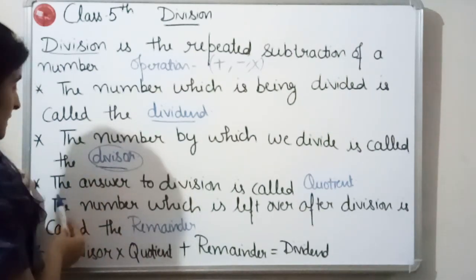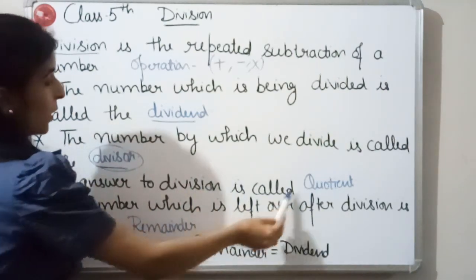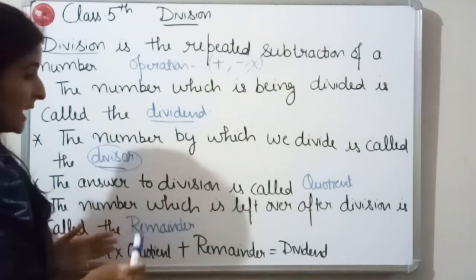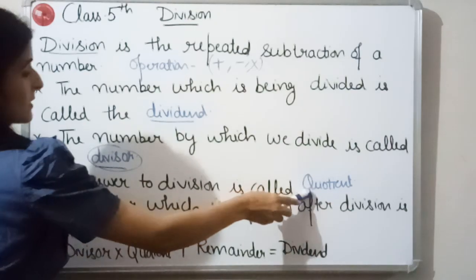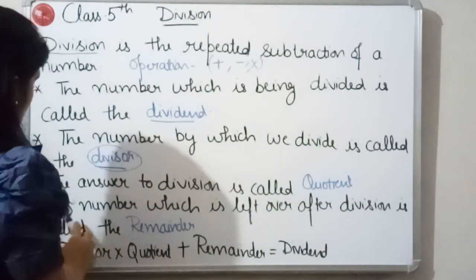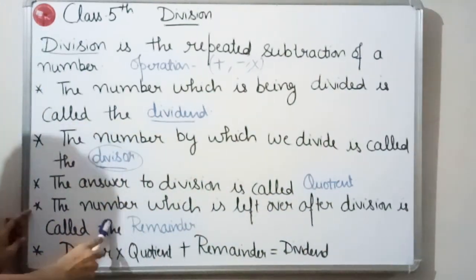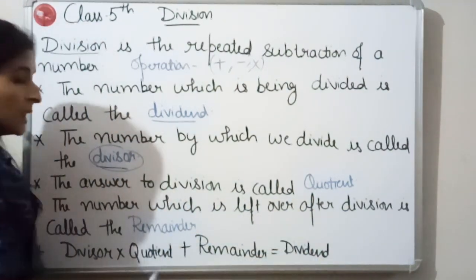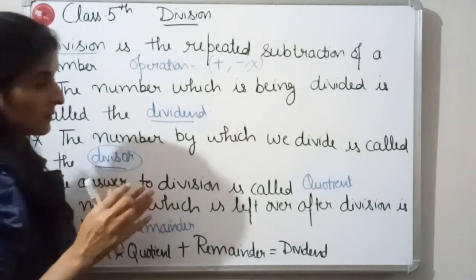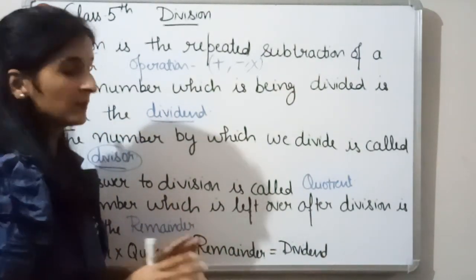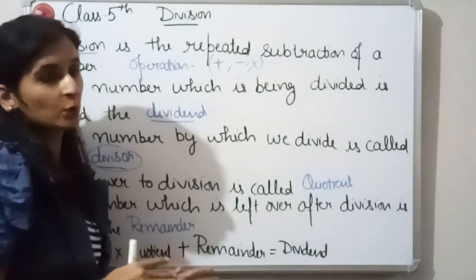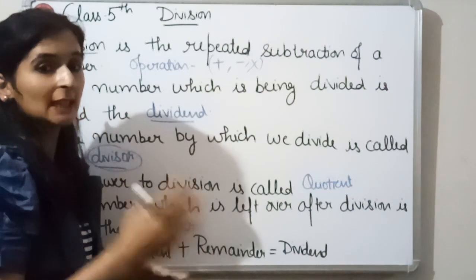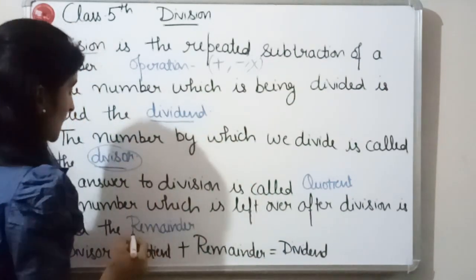The next point is the answer to division is called quotient. Whenever we do division sums, whatever is the answer, that is called quotient. And the number which is left over after division is called the remainder.